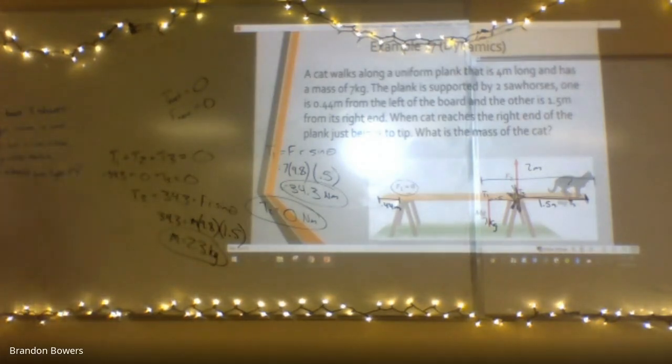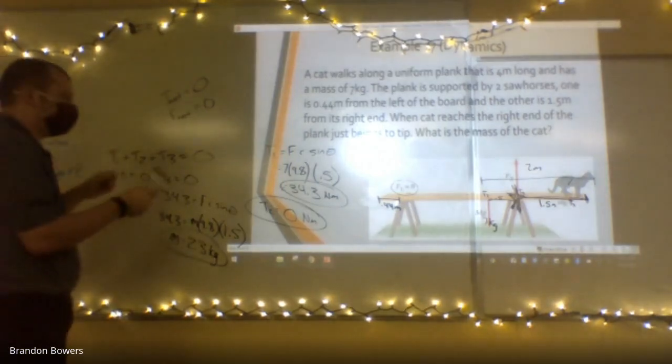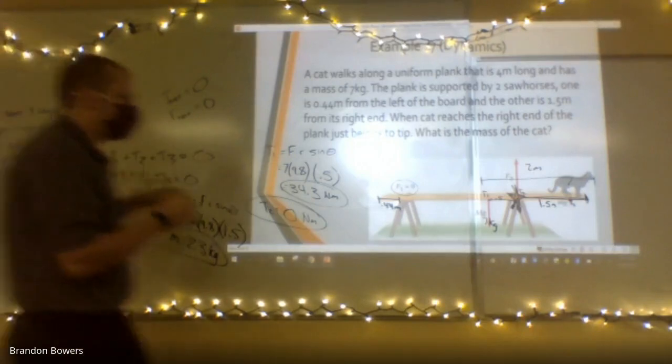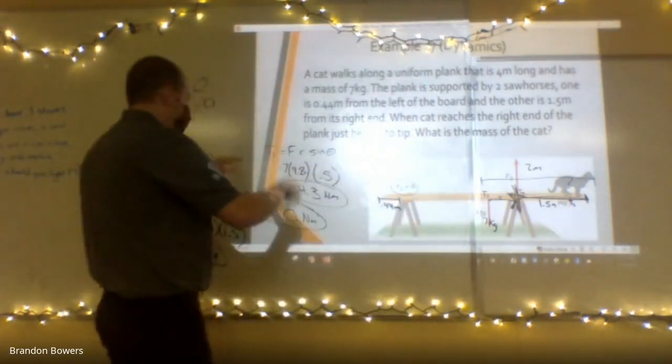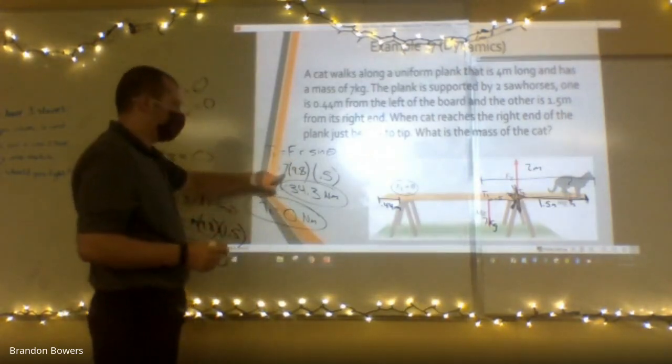Why would we not include the mass of the plank, if we're including the mass of the plank everywhere else, since the cat is still standing on the plank? Well, we included the mass of the plank when calculating torque 1. So torque 1 right here, this was the mass of the plank.